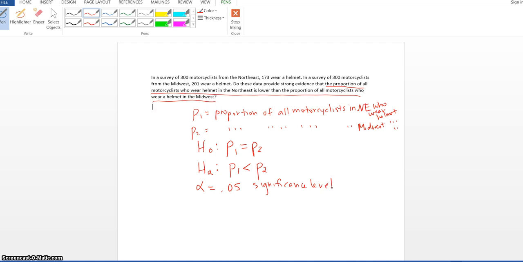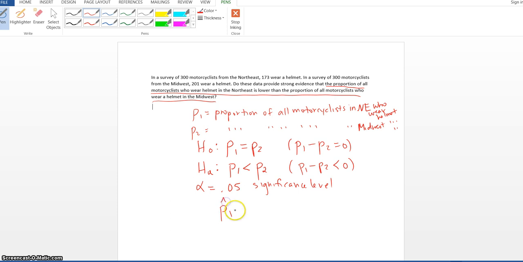And the last thing I need to do before I make a randomization distribution is figure out what sort of sample estimate I'm going to use here. Now, really what I'm focusing on is the difference between these proportions. My null hypothesis is that the difference in the proportions is equal to 0, while my alternative is that P1 minus P2 is less than 0. So I'm going to estimate this difference in proportions by using the difference in the sample proportions.